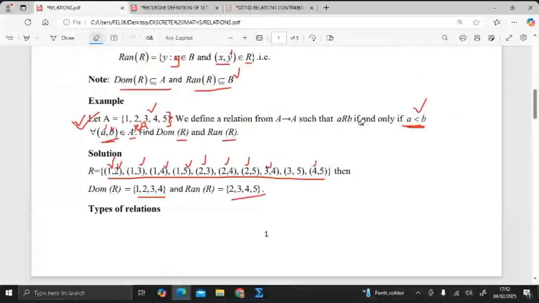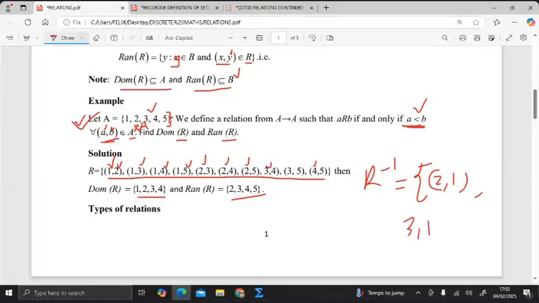We have the last relation, and the last relation in that case is what we call the inverse relation. The inverse relation reverses what a relation does. Like in this case, the inverse relation of this relation is that relation with the elements 2,1, 3,1, 4,1, and so on.